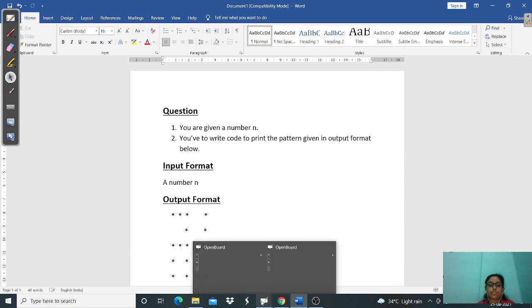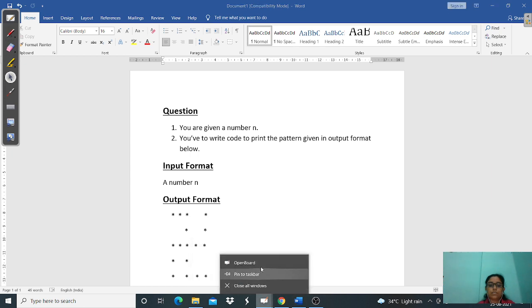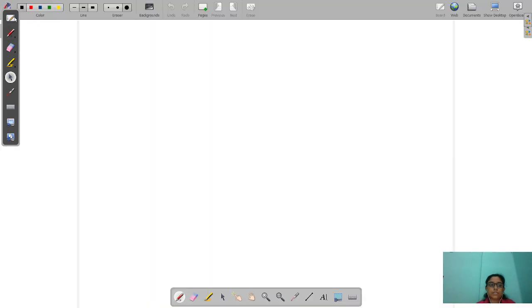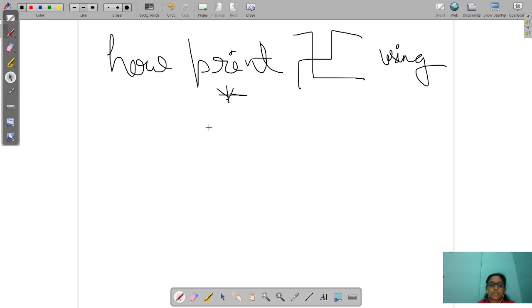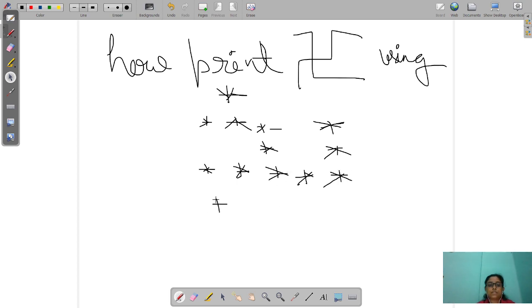So if we draw the pattern on the board, in the first line we have a total of 4 stars. In the second line here we have a star, and in the third line again the number of stars increases and the space decreases. In the fourth line again the stars decrease and the space increases.